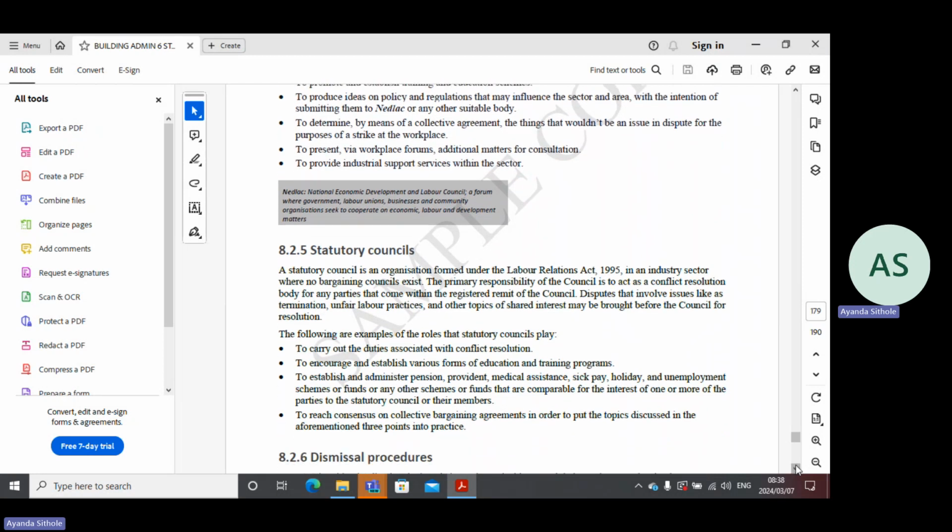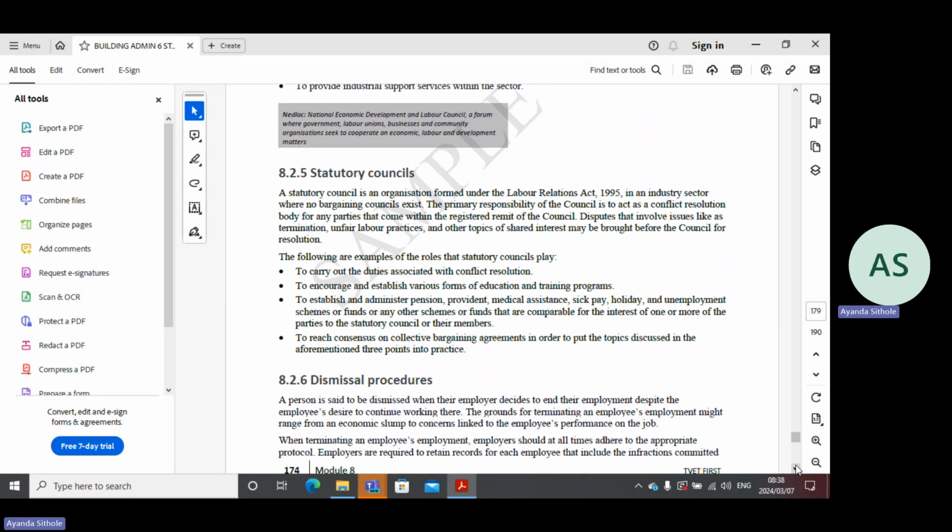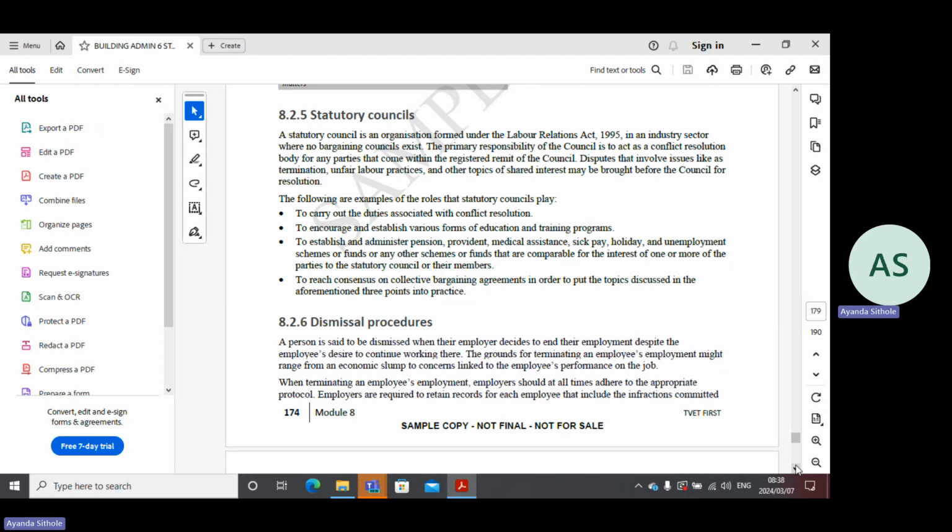Then we have the statutory council. The Statutory Council is an organization formed under the Labor Relations Act 1995 in an industry sector where no bargaining council exists. The primary responsibility of the council is to act as a conflict resolution body for any parties that come within the registered remit of the council.